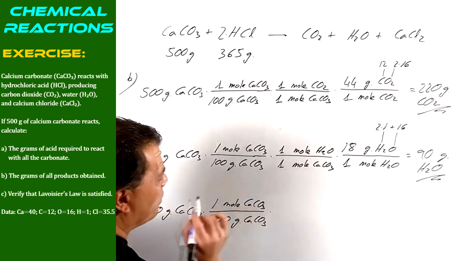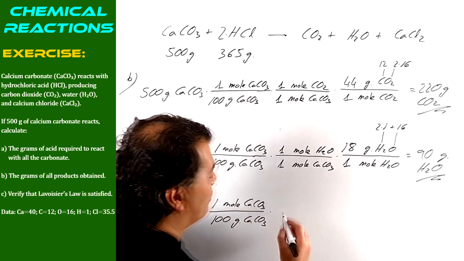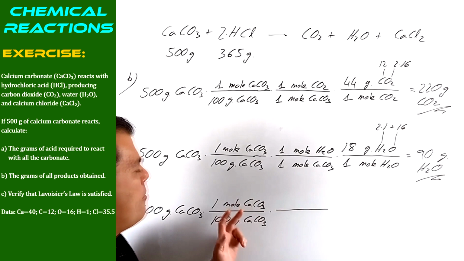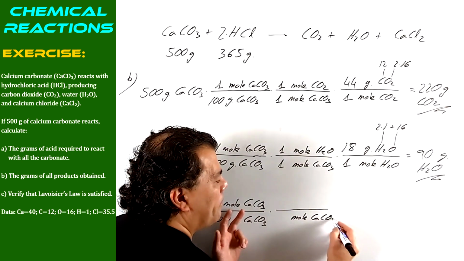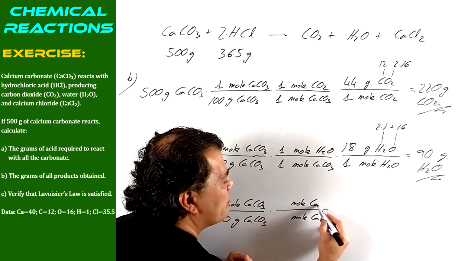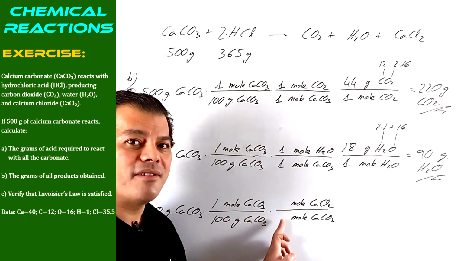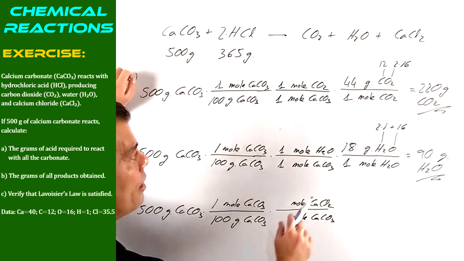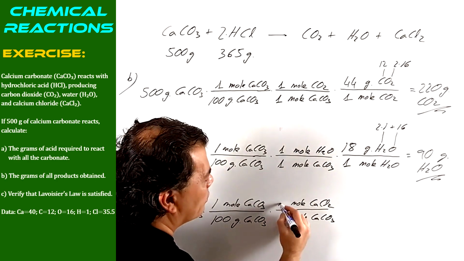With 1 mole will be enough to do this calculation. And the second conversion factor moves us from moles of calcium carbonate to get into moles of calcium chloride. And there come the stoichiometric coefficients, 1 for calcium carbonate and also 1 for calcium chloride, 1 to 1.